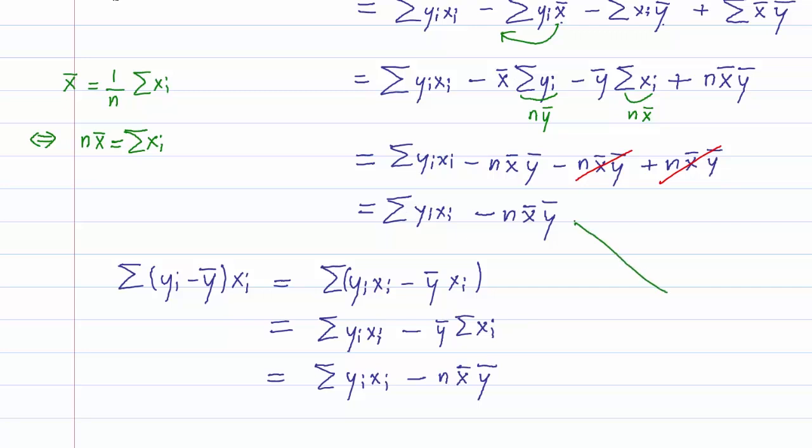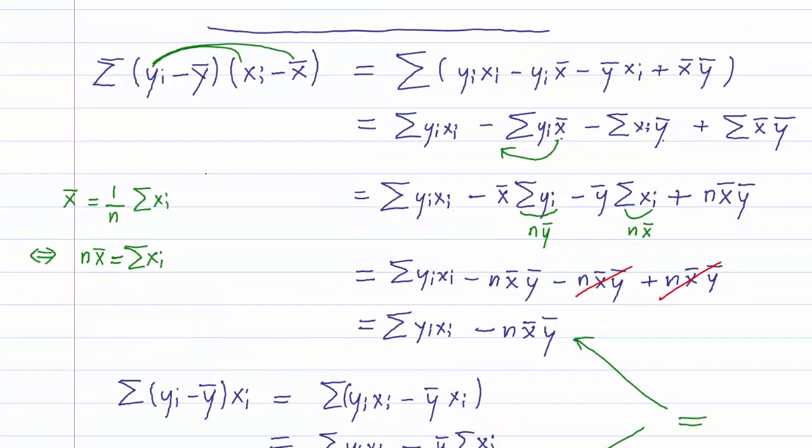So we see that the first result we have here and the second result we have here are equal. So it means that whenever I have the sum of a variable minus the mean times another variable minus the mean, I can remove one of the means. It doesn't matter.